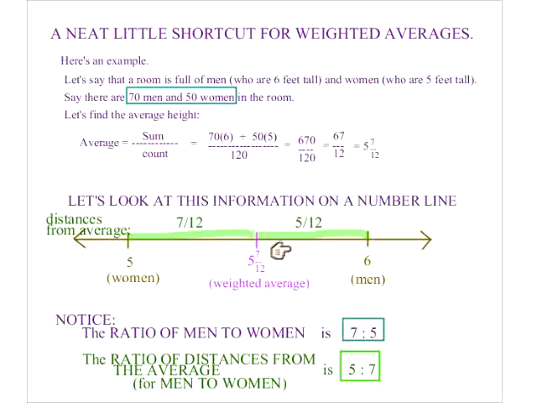So the men's distance is 5/12. The women's distance is 7/12. So this is not a coincidence. Pardon me for a second here. This is not a coincidence. It turns out it always, always, always happens this way.